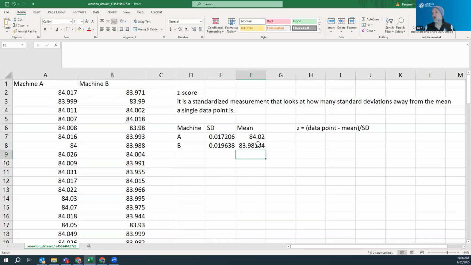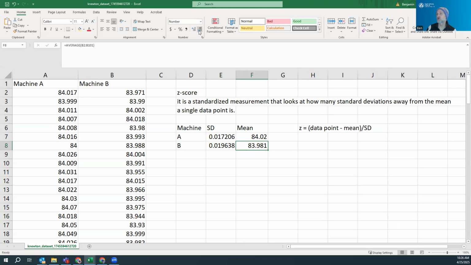All right, so now I have what I need. These are both very, very close to the length that they're supposed to be, which is 84 millimeters. This one's a little bit longer, this one's a little bit shorter. Again, who knows if that would make a difference in terms of using this bolt, but mathematically we can say there's a slight difference in what the machines are producing.